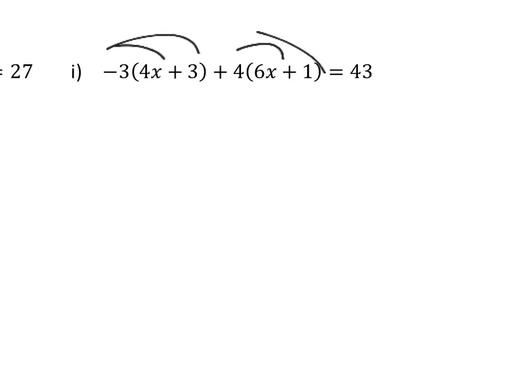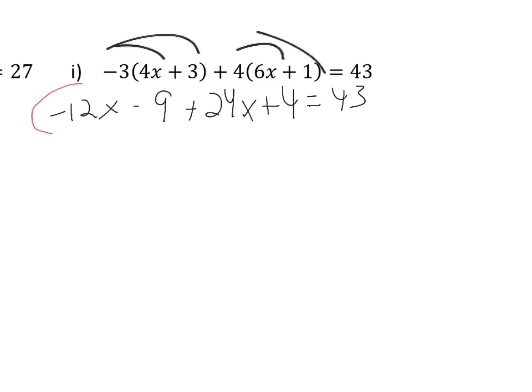After distributing, I will get negative 12x minus 9 plus 24x plus 4 equals 43. Again, I recommend that you always have colored pencils or highlighters around, so that maybe it helps you to visually see things. So here I have negative 12x. I have a negative 9. I'm going to go back to red because here is a positive 24x, and back to blue because here is a positive 4.